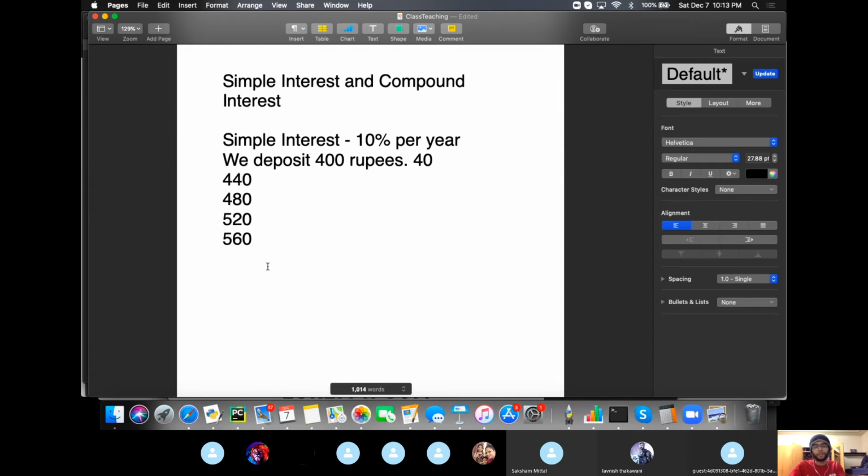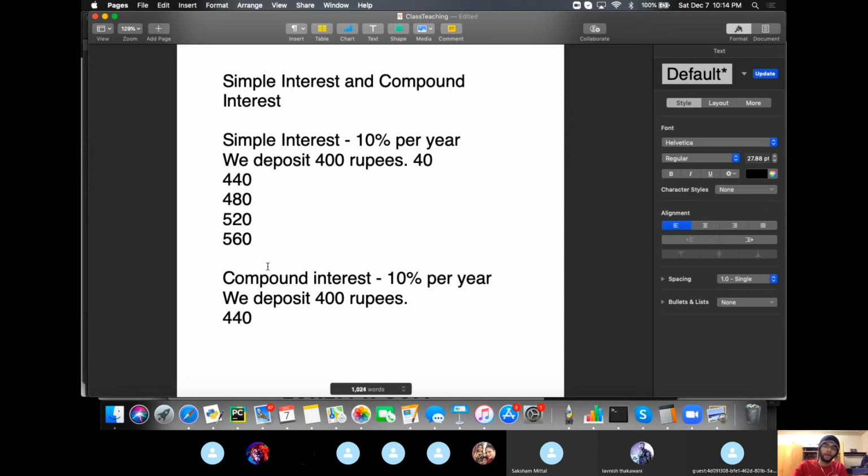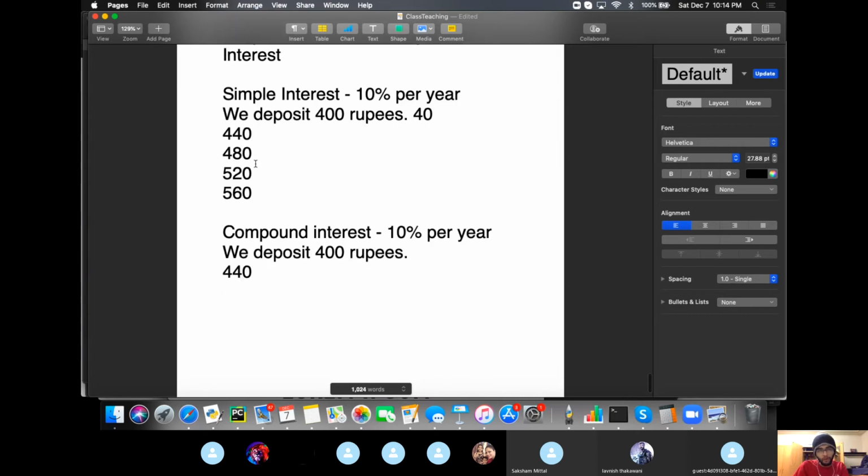Compound interest, what happens is, let's say again it is 10%. It's the same thing, 10% per year. And we deposit 400 rupees. What happens is, after 1 year, it will be 440. Now, after 2 years, it won't be 480.